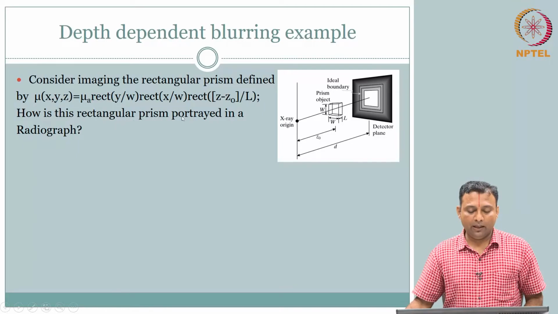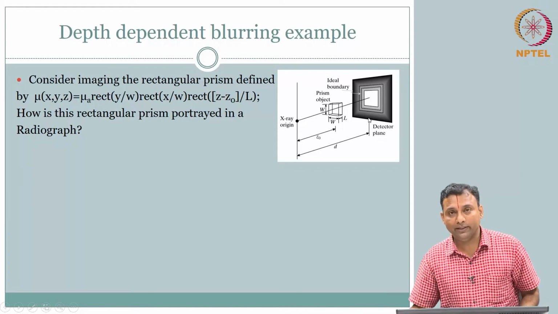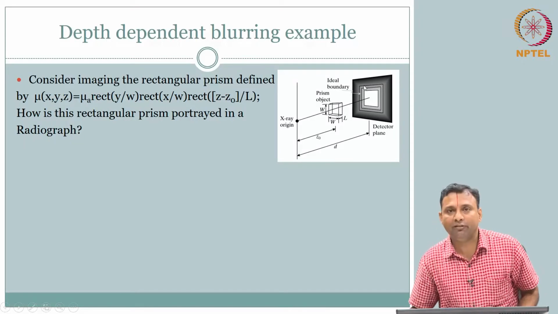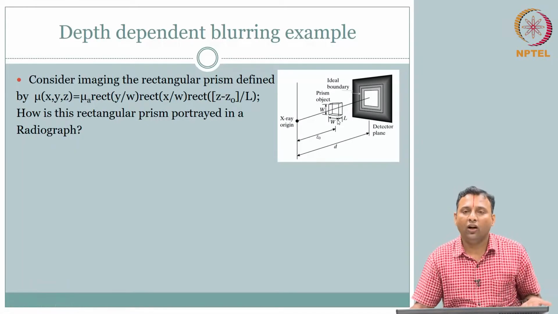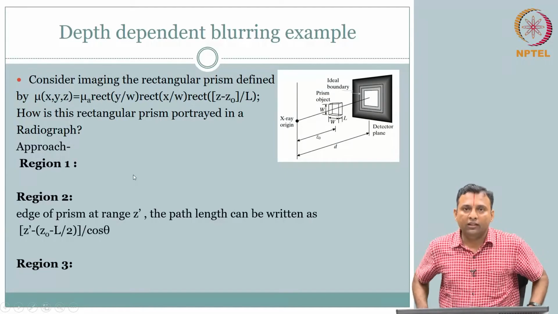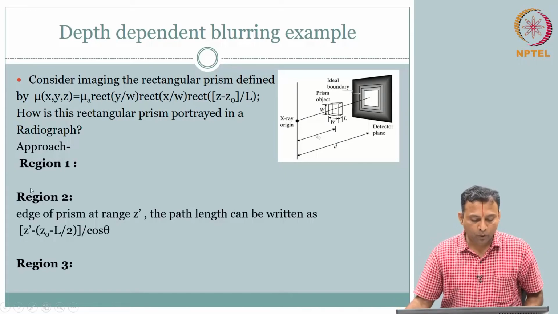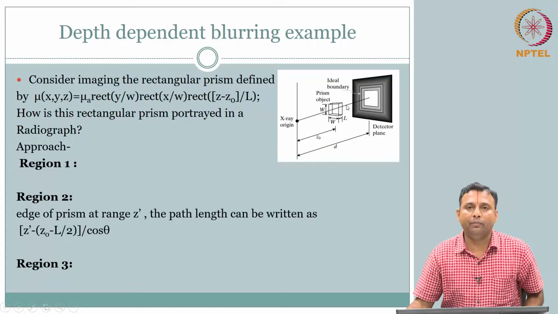So, how is this rectangular prism portrayed in a radiograph? It is going to be portrayed like this. Visually you can see what it is and probably appreciate the effect, but we need to write this out in terms of the imaging equations that we already have. What are the three regions that you are going to have? Straightforward, no problem in the region where the X-ray goes through the entire prism.